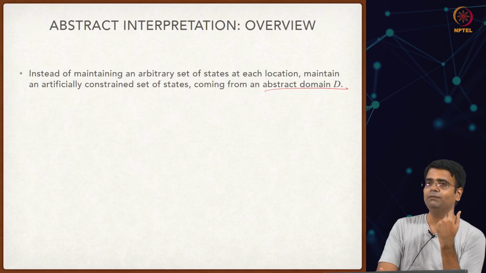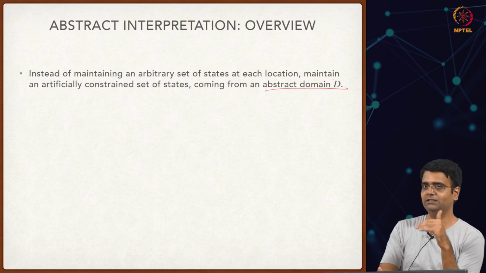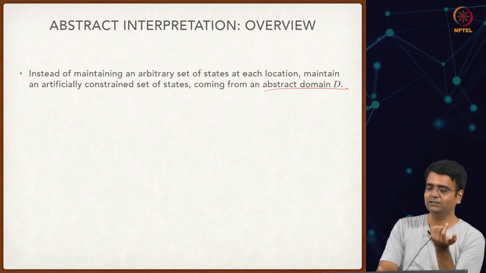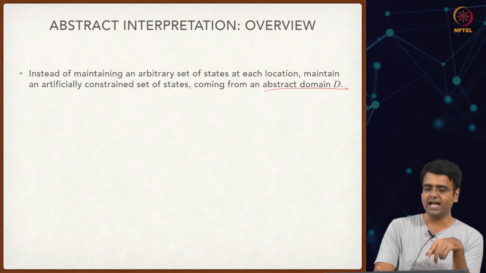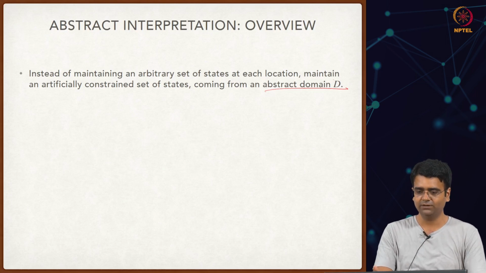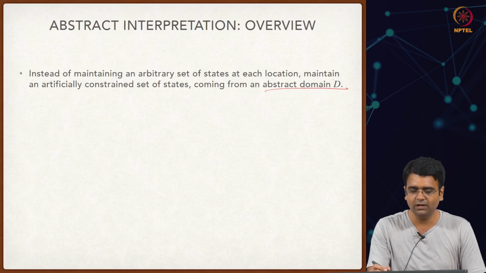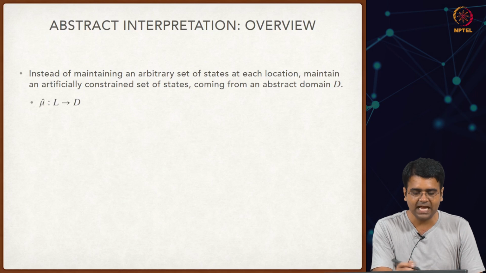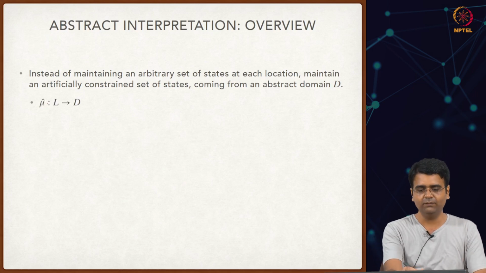So instead of being able to find the exact set of reachable states at that location, I can only pick an element from this abstract domain D, which hopefully will over approximate the set of actual reachable states at that location. This is what we call an abstract assertion map. We compute this abstract inductive assertion map, which is mu hat.